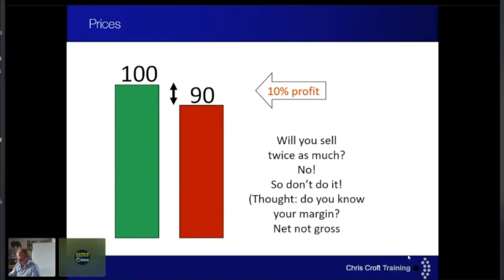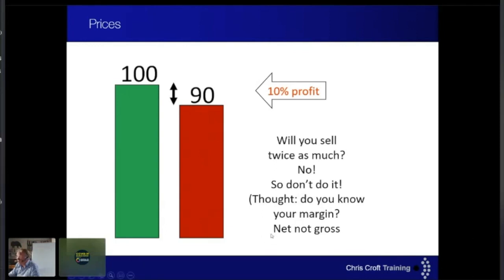And we're talking about your net margin, of course, not your gross margin. And just to clarify briefly the difference between those, if you buy something for £500 and you sell it for 1,000, then you've made a £500 gross profit. That's great. But when you take into account your marketing and the cost of your shop and the heating and the training of your staff and all that stuff, then you take off all of those, then you get your net profit.